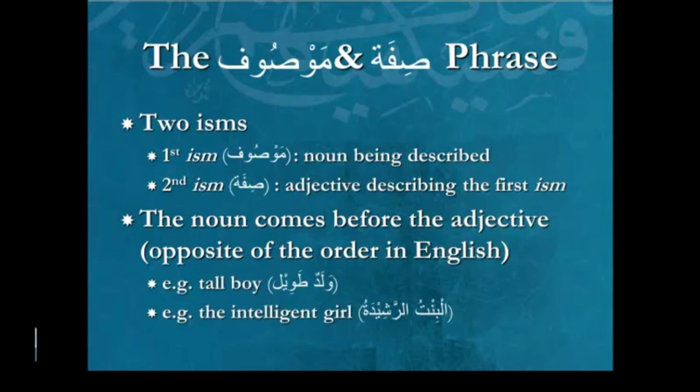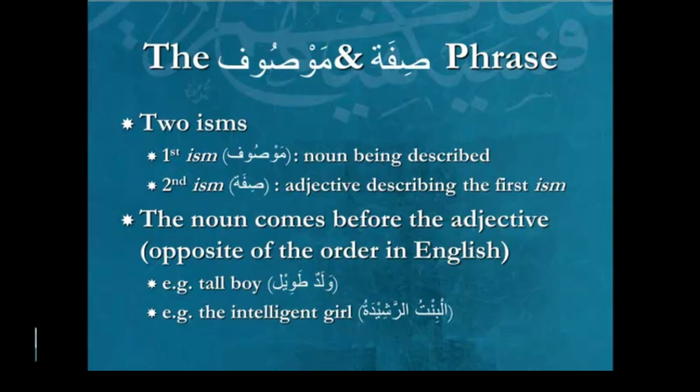Okay, so here's 2 examples for you to begin with. We have the tall boy example, and it's a tall boy. It's not a particular tall boy, it's a tall boy. And then the example underneath that is the intelligent girl, where both the word girl and the word intelligent are feminine. Okay, and not only that, but they both have the al at the front of them. So the translation will be the intelligent girl.